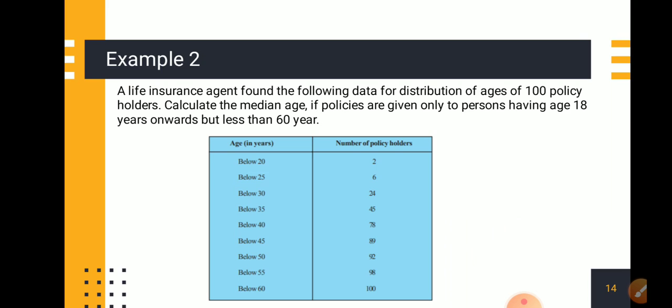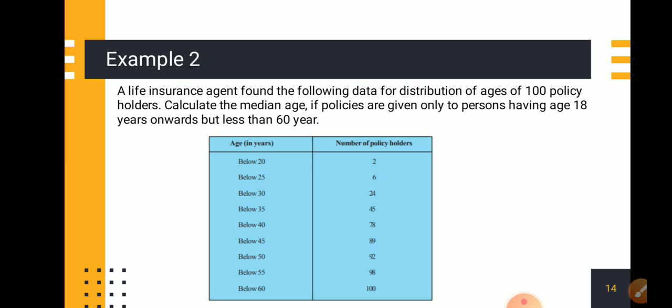In this particular question, the age is given not in class interval form but as below 20, below 25, below 30, which means the number of policy holders is not frequency, it is cumulative frequency.